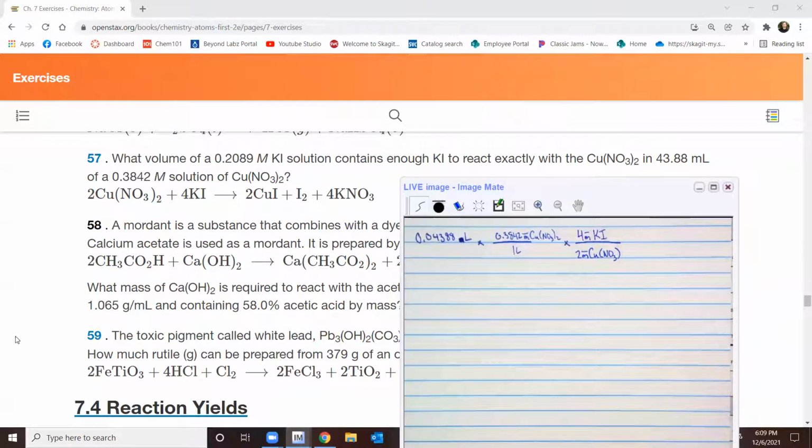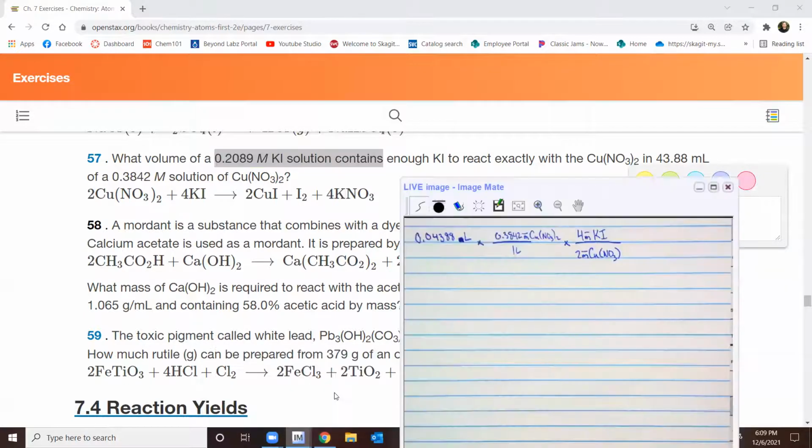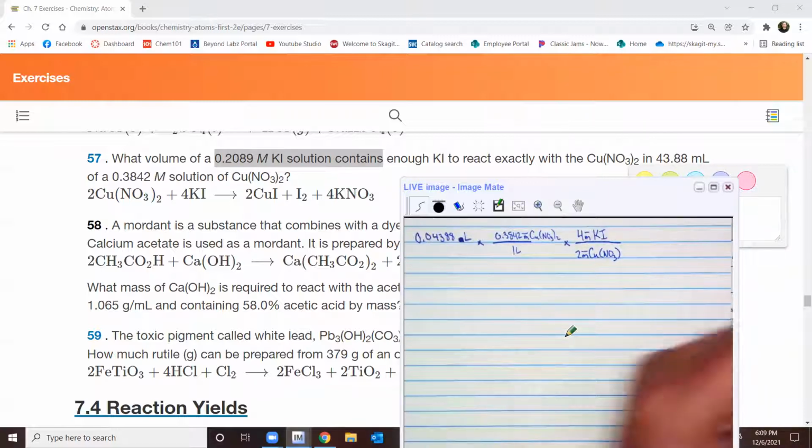Right from the coefficients in the balanced chemical equation, right? So why am I converting to moles of potassium iodide? Because it's asking us what volume of the potassium iodide solution we need to use. So right now, if I solved, I would be left with how many moles of potassium iodide I needed to use in the reaction. But it's asking us what volume of the KI solution instead.